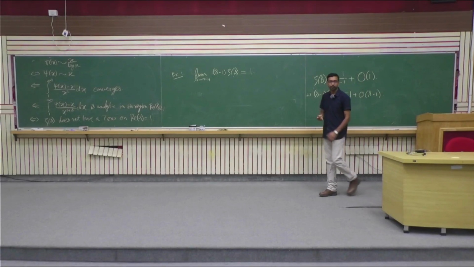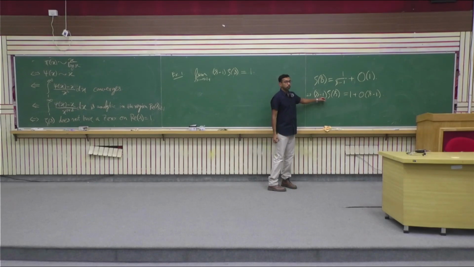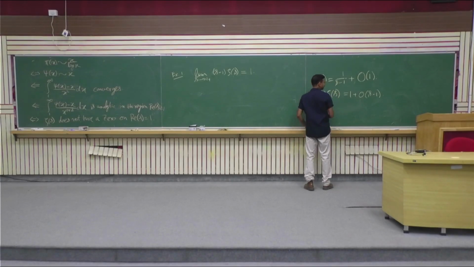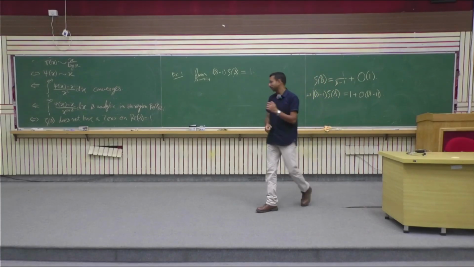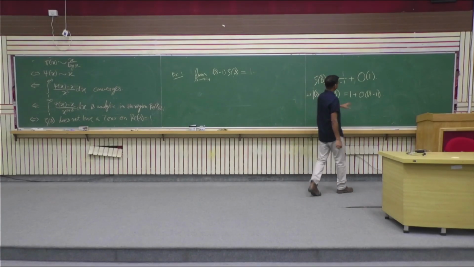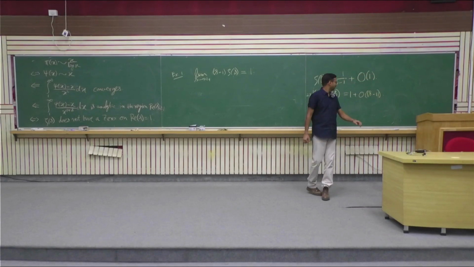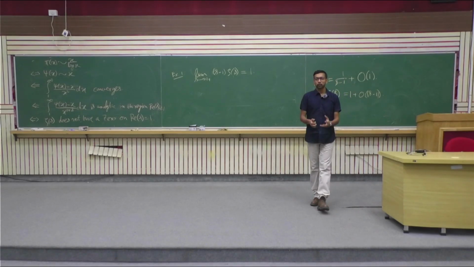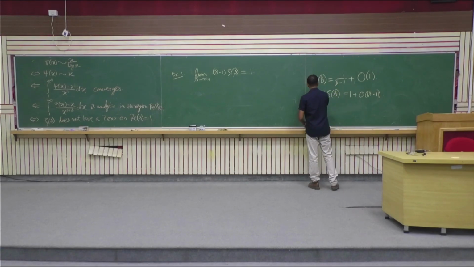Inside the big O, this is just bounded by some constant, and if you multiply it with s minus 1, then the size is bounded by this, indeed. And we assume that whatever is inside is a positive valued function.